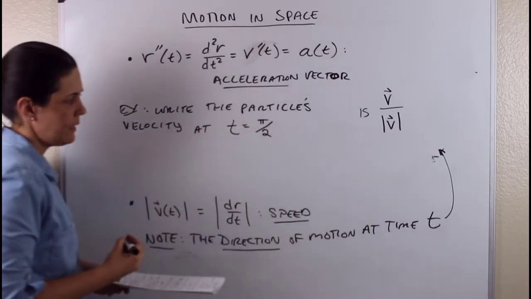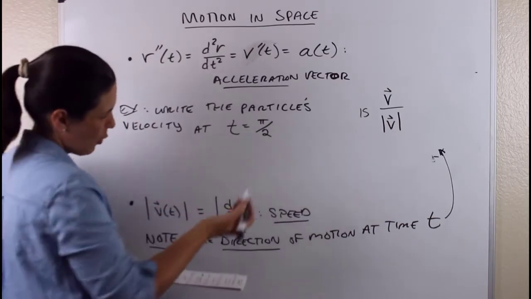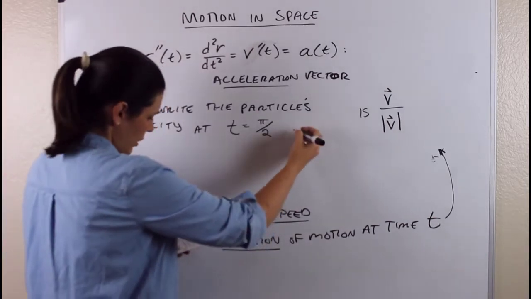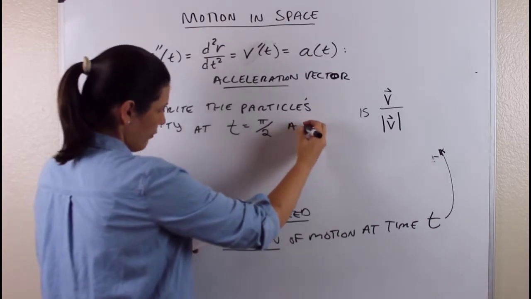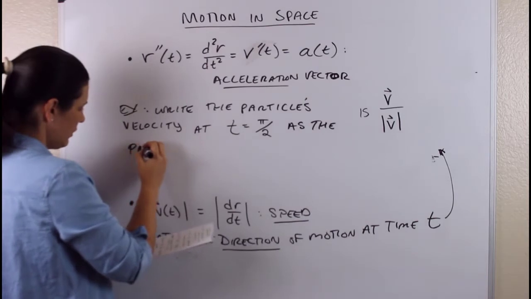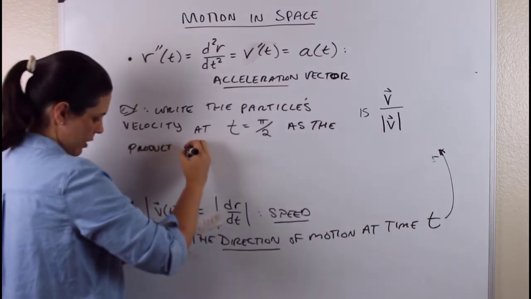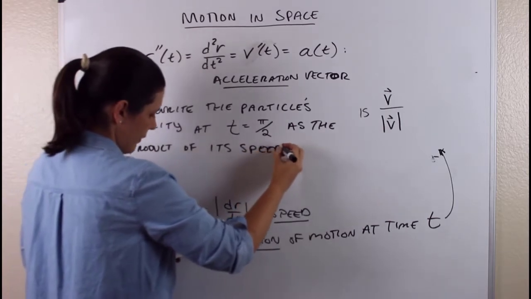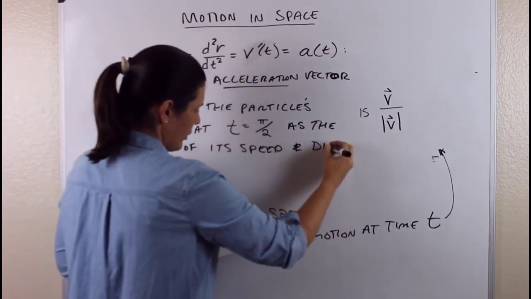So if this represents time, this is about 1.57 units of time. So we're going to write this velocity as the product of its speed and direction.